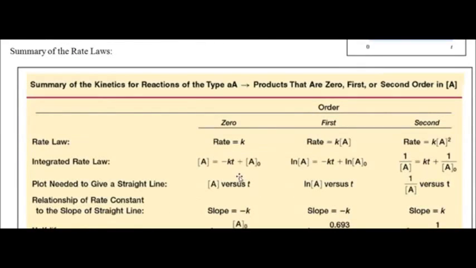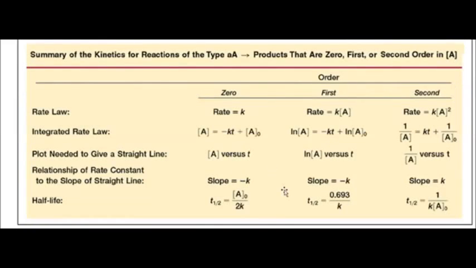At the bottom of the page on the front side here, I have a summary of all the rate laws, the orders, and the type of graph. Especially this middle row right here probably is the most important thing that you need to know for the concepts when it comes to the AP exam and being able to determine the type of graph and what the order of the reactant is.